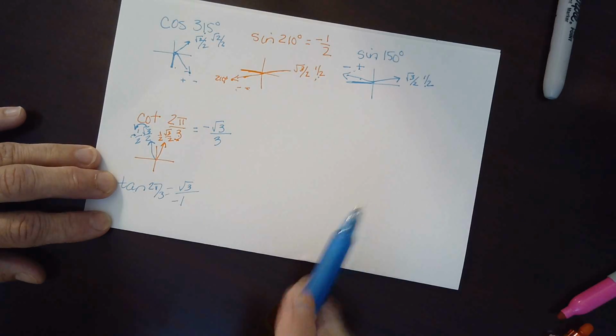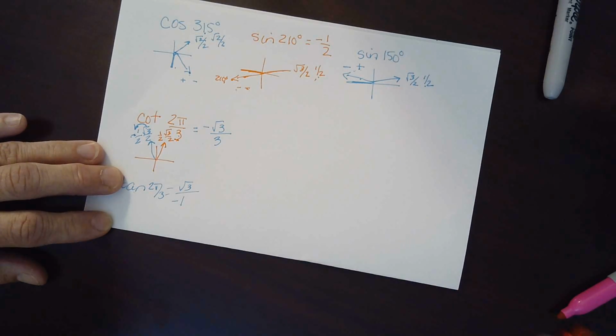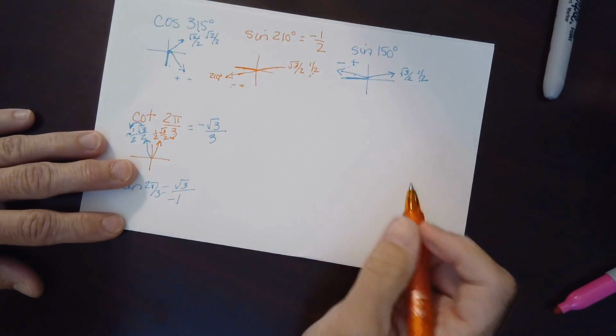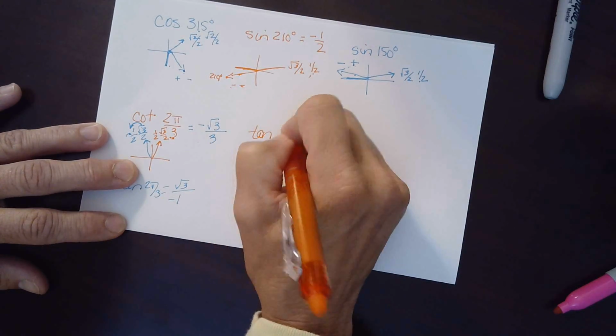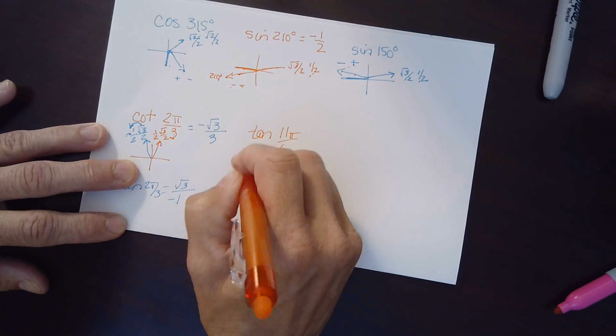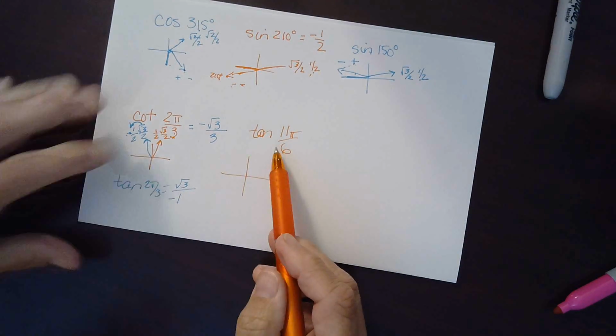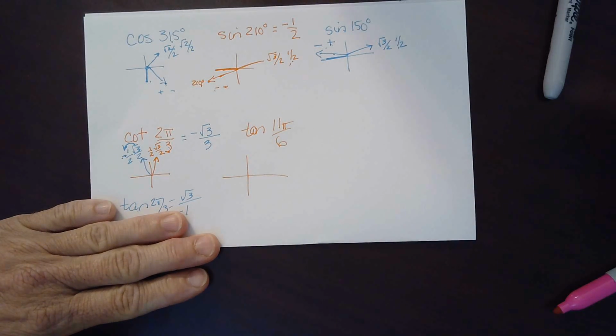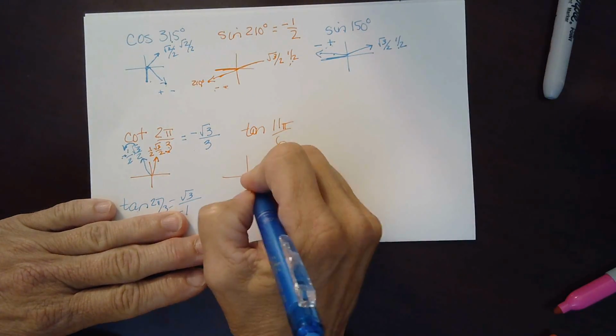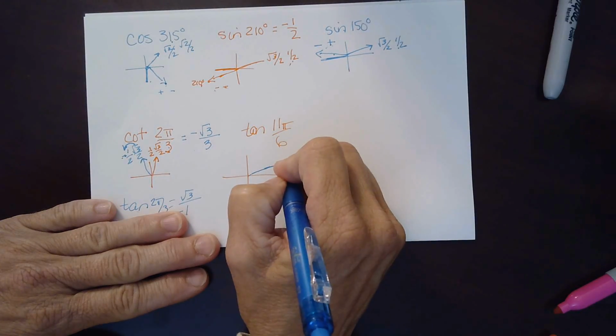Okay? And then we'll move on and look at the next one on our sheet, which is evaluating tangent of 11 pi over 6. So I know this angle belongs to the pi over 6 family. So here's my pi over 6 family.